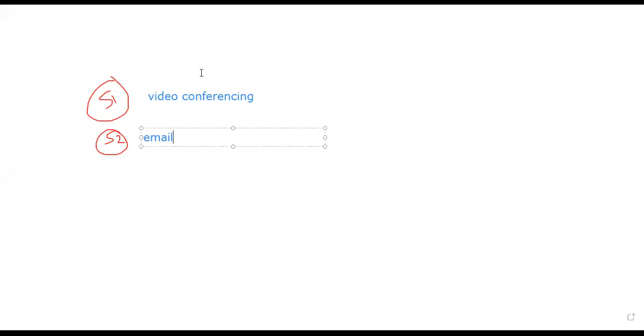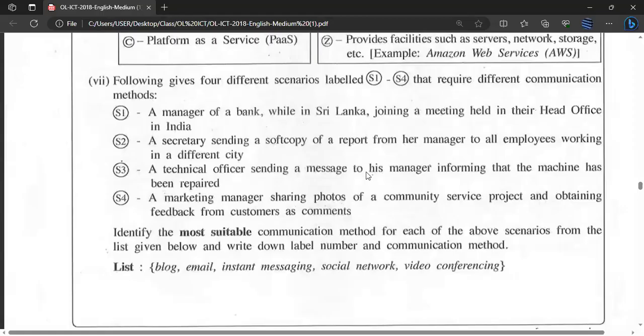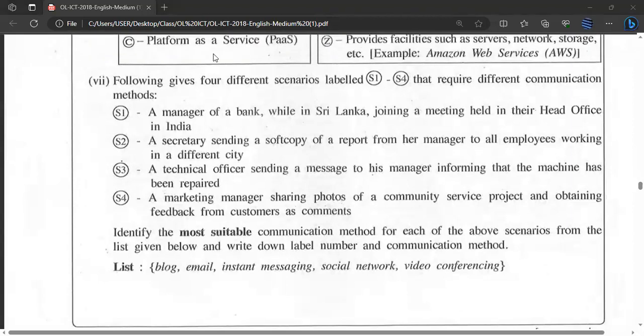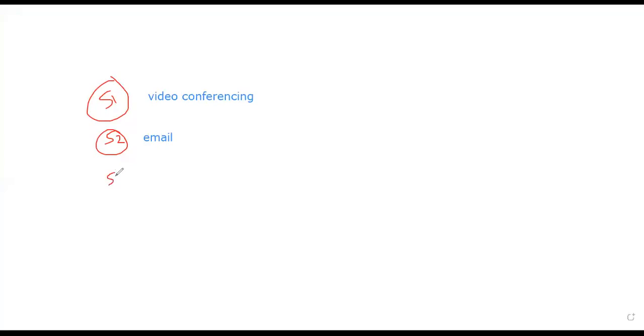Then S3, a technical officer sending a message to his manager informing that the machine has been repaired. So instant messaging, option 3 as the answer. 3, instant messaging. Instant messaging, right?